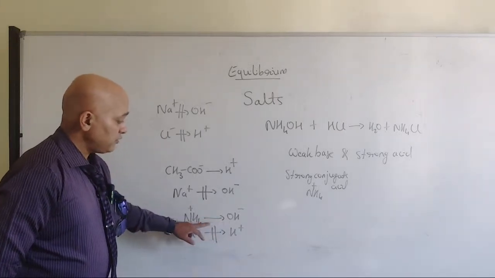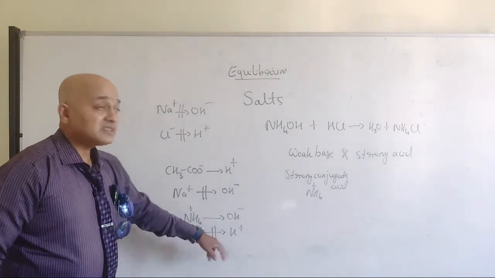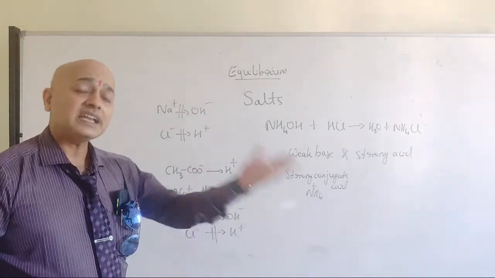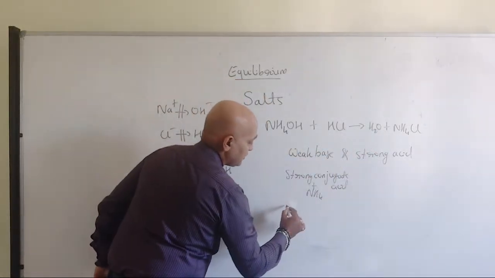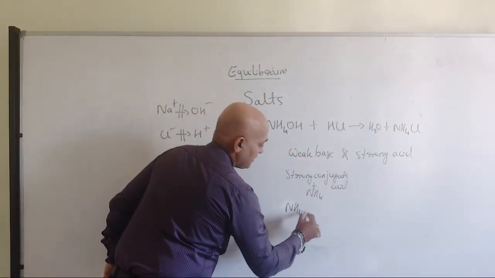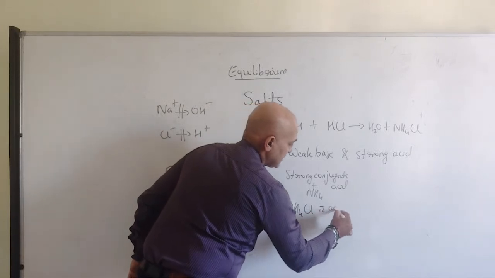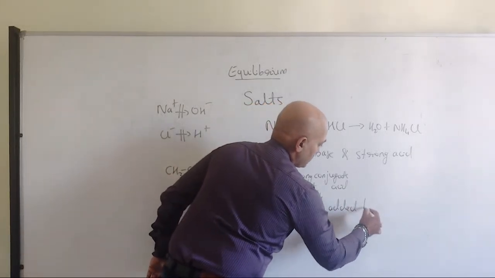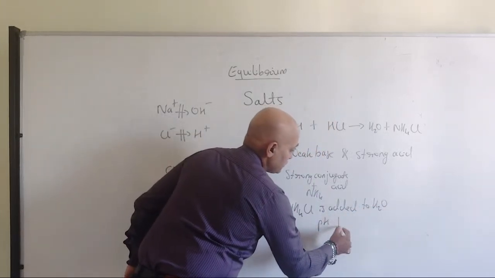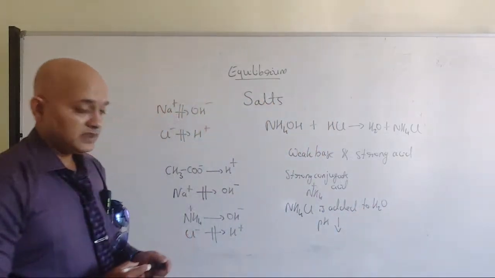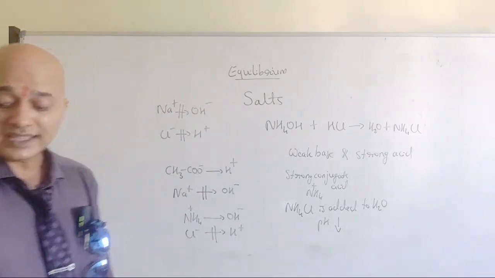OH minus is going to decrease, but H plus is going to increase. Exactly opposite. So whenever ammonium chloride is added to water, what will happen to the pH? pH is going to decrease.